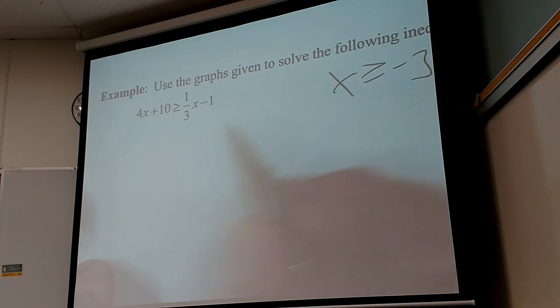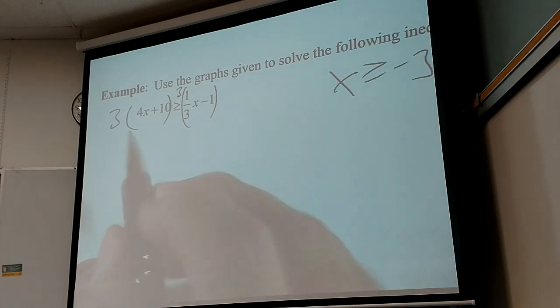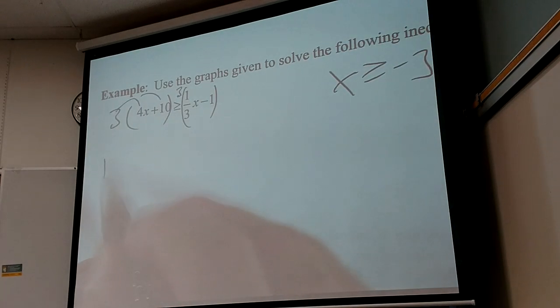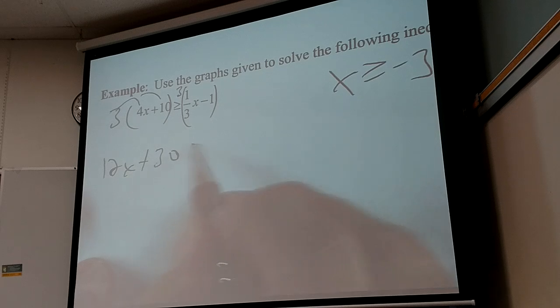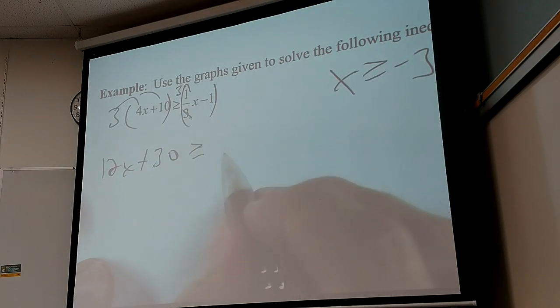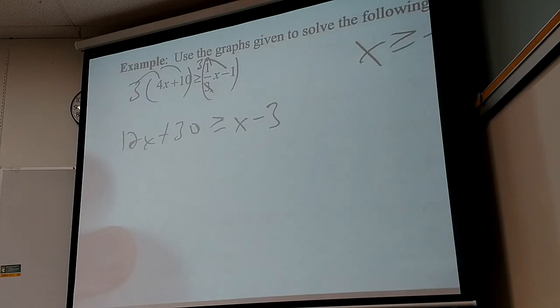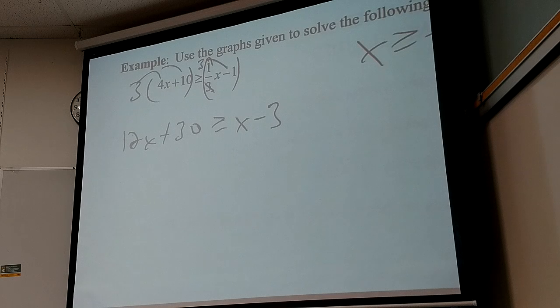Well, yeah, multiply everything by 3. So I get 12x plus 30 greater than or equal to, the 3's cancel here, so I get x minus 3. So if I just triple everything, I can kill that fraction.